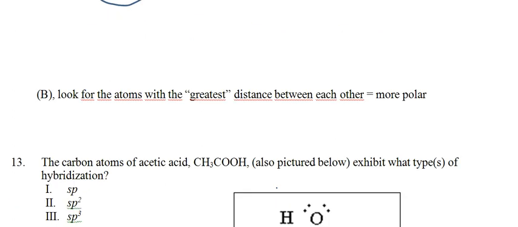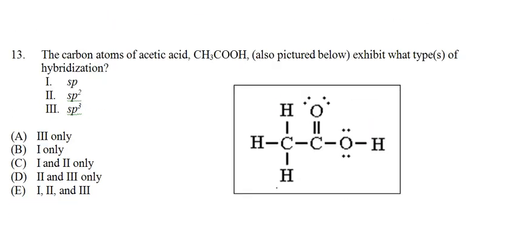Okay. Number 13. The carbon atoms of acetic acid, also pictured below, exhibit what types of hybridization? So what it's saying is, what is the hybridization on this carbon and the hybridization on this carbon? So we have two different carbons that we need to be focused on. Okay, so here, if I just look at this carbon, okay, my potential is 4. All right, so we have a tetrahedral shape, and what's the hybridization on a tetrahedral?